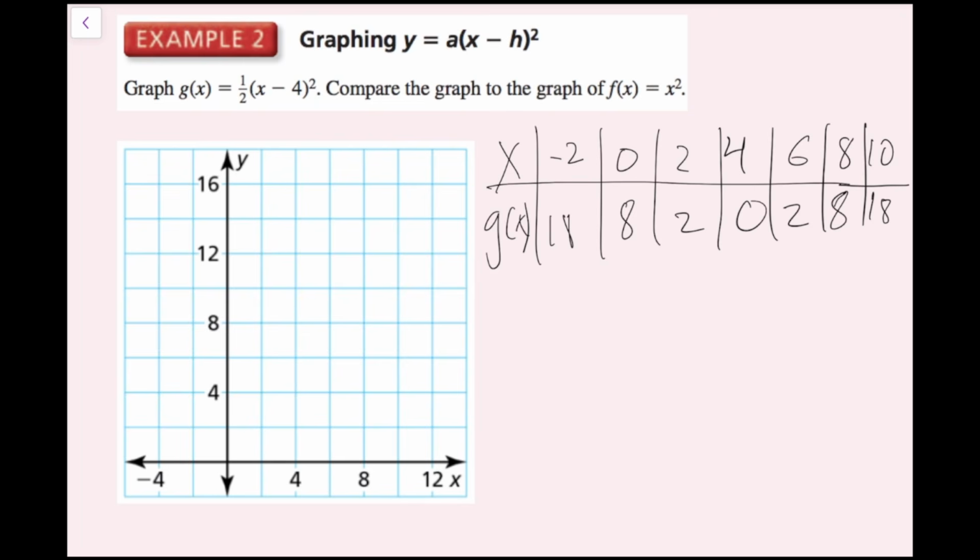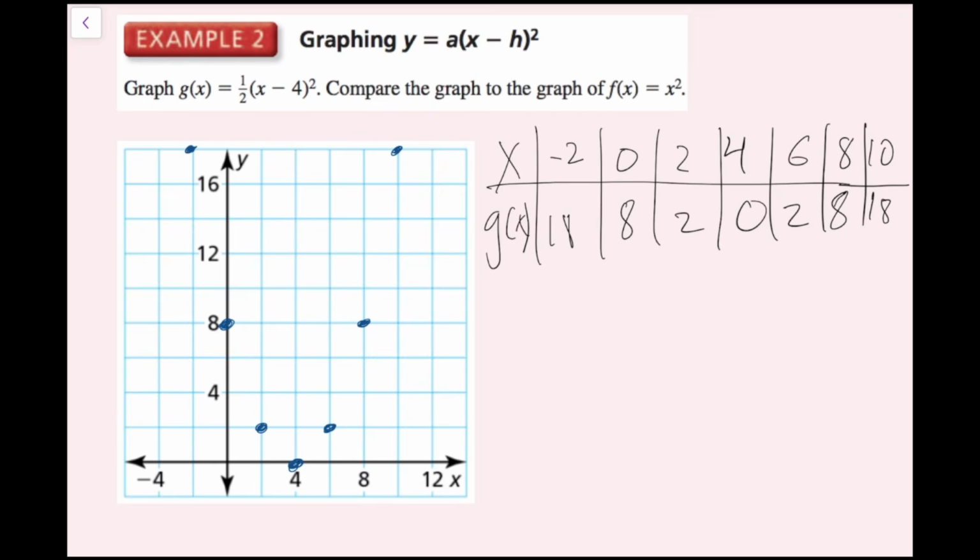Now I'm just going to plot these points. So I'm going to plot them in blue because I'm going to be graphing the original parent function afterwards. So this will be 4, 0, and then 6, 2. I'll do 2, 2 as well, and then 8, 8, 0, 8, and then 10, 18. So it'll be at the very top. That'll be -2, 18 as well.